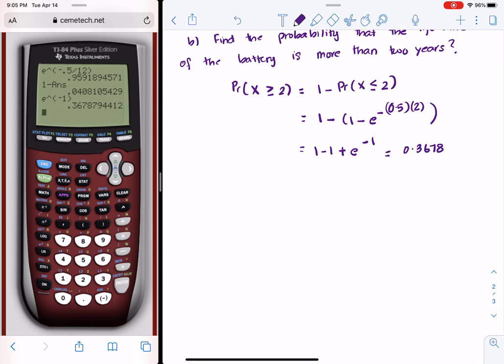Now you may want to ask, what are the chances that it is going to last for more than 10 years, for instance?